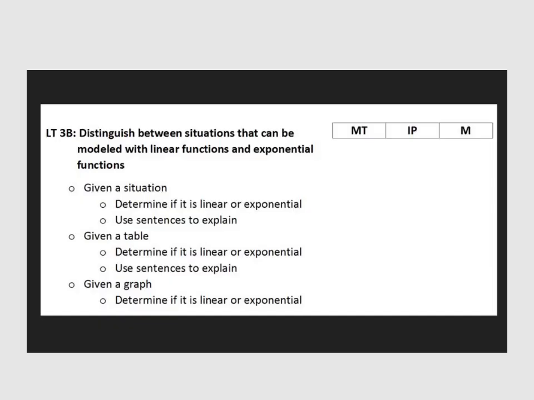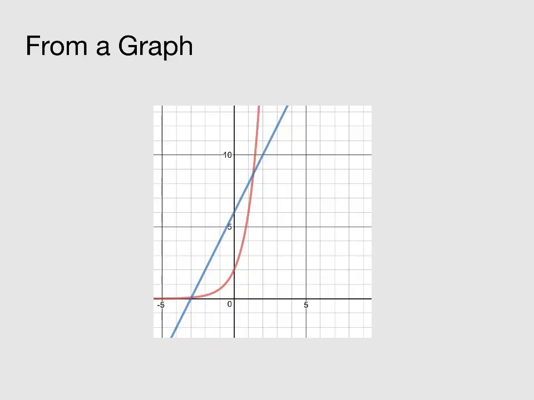Now, we are going to move on to our last success criteria, which is given a table, we are going to determine if it is linear or exponential. Go ahead and make sure that your paper is highlighted just like mine. Looking at this table, or looking at this graph, let's think of a table here. Remember, if it is linear, it is going up by the same number every single time.